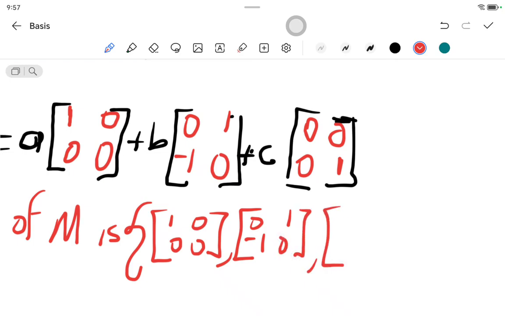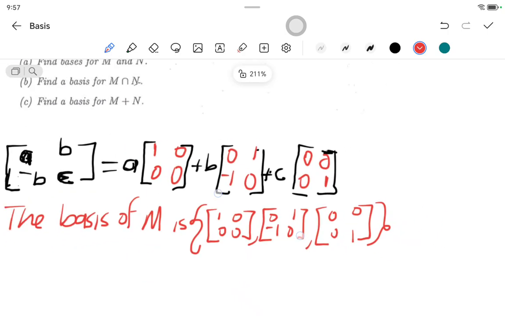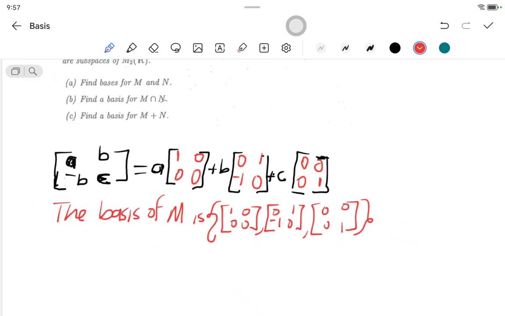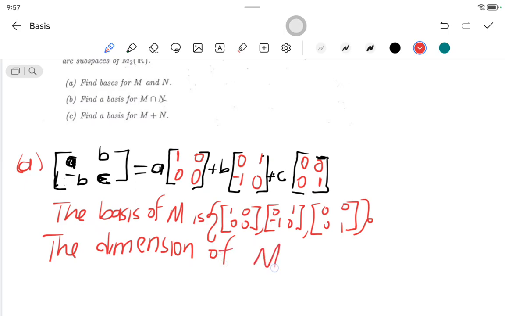Then the third one is 0, 0, 1, 0. So we have these three. If we're going to find the dimension here, even though they didn't ask us the dimension of M, don't forget this is for A. Then we know that the dimension of M is 3.